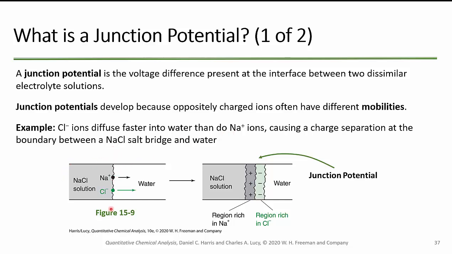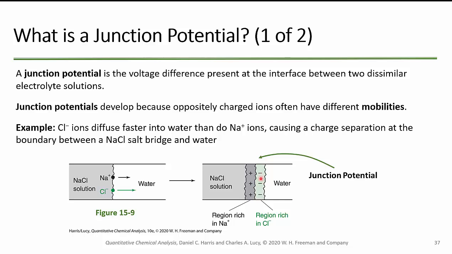So here's a picture of our salt bridge. It's got sodium chloride over here, and it's got water over here. As you allow things to progress, the sodium ions are going to move slower than the chloride ions. Those chloride ions are able to move a little bit faster than the sodiums do. So the sodiums are left behind, the chlorines move faster.